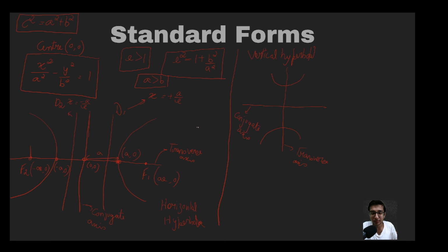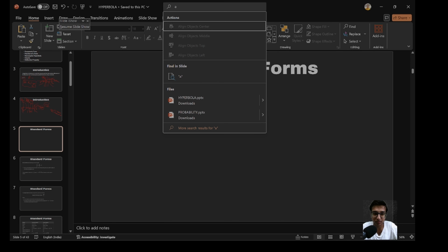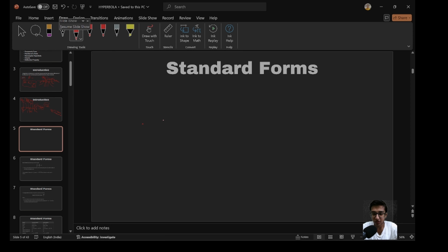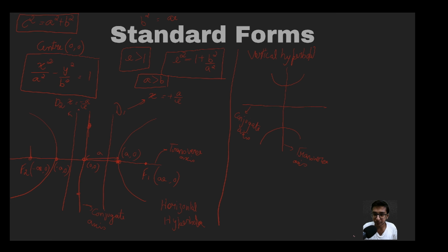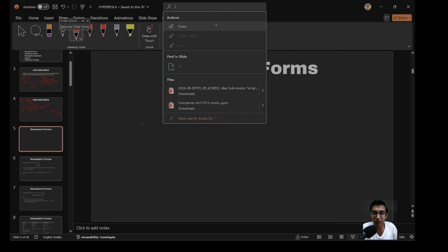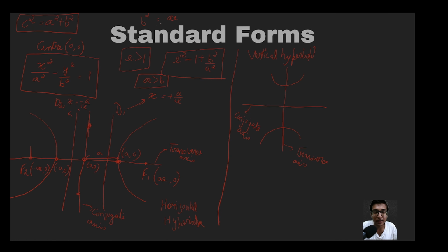Now you must be asking, for example, in the horizontal hyperbola, what is the value of b? Again, b is nothing but just an imaginary point that we are using so that we can represent b square as a square e square minus 1.